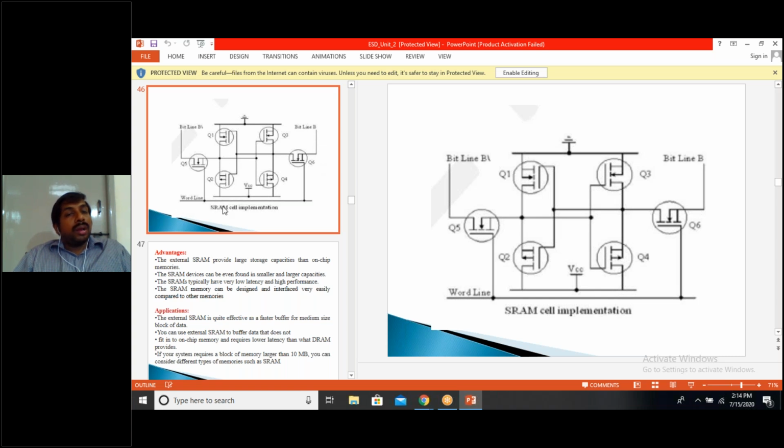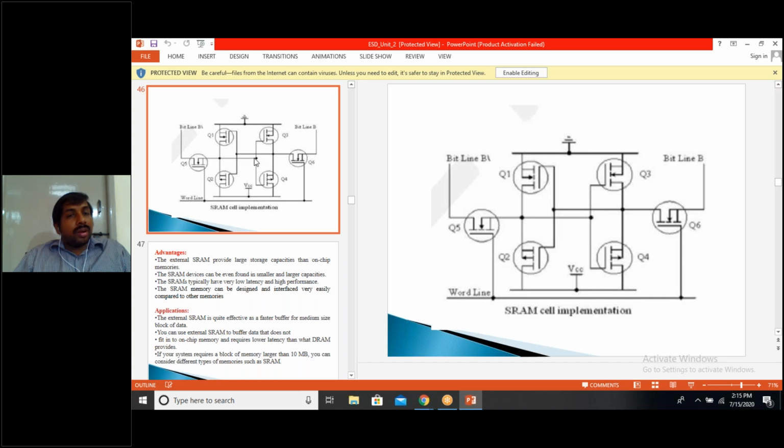The word line will be given logic 1, meaning its gates are connected to logic 1. In the diagram, if gates are connected to logic 1, this MOSFET is going to be switched on. Once it is switched on, the contents of the bit lines are stored in the output of your CMOS inverters, and the CMOS inverters are cross-coupled.